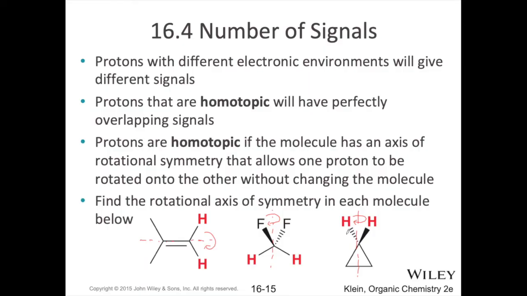All of these examples involve a 180 degree rotation, but that need not be the case. A methyl group, for example, could have a threefold rotation, or a rotation of 120 degrees. So that's something to keep in mind.